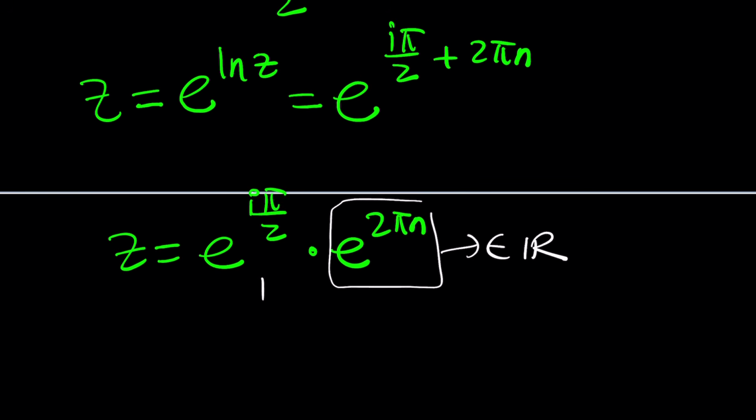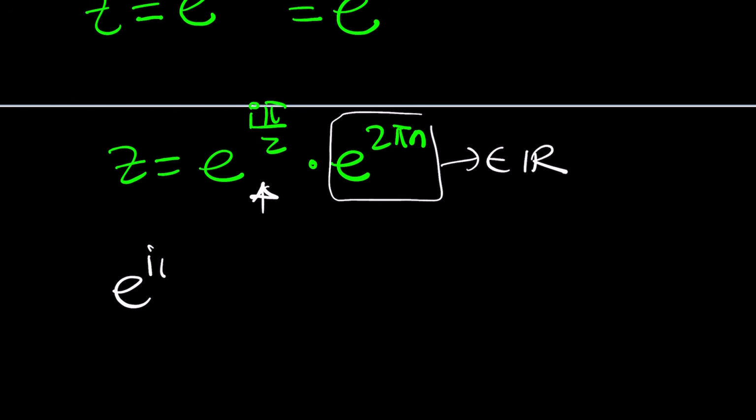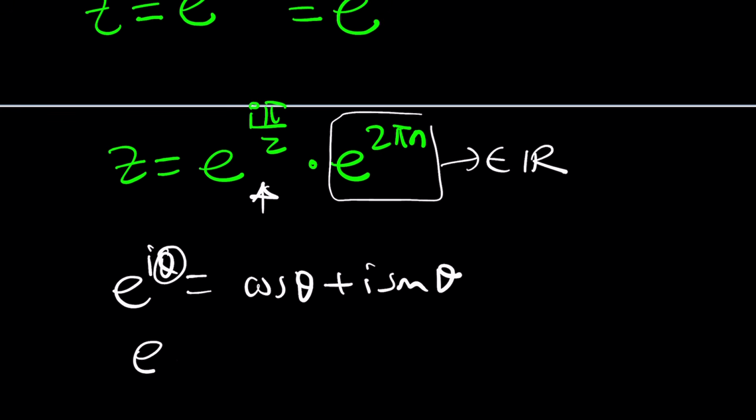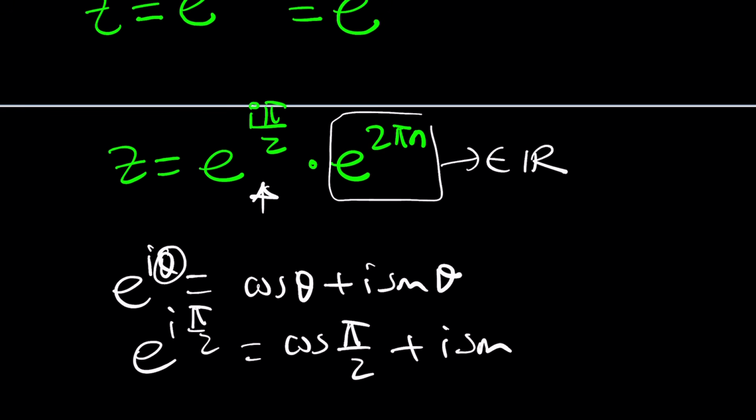This is an exponential, and Euler told us that e to the power i theta can be written as cosine theta plus i sine theta. What happens if theta is pi over 2? Then you get e to the power i pi over 2 equals cosine pi over 2 plus i sine pi over 2, but sine pi over 2 is 1, and cosine pi over 2 is 0, so you get i from here.